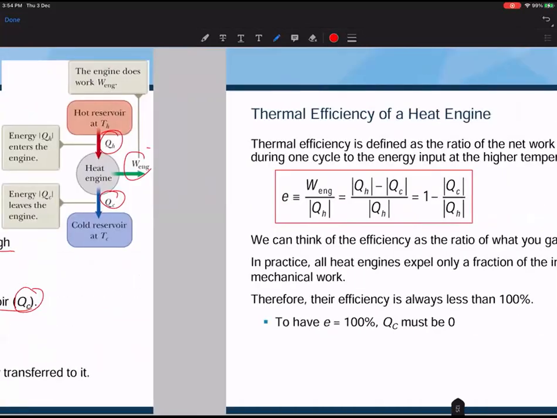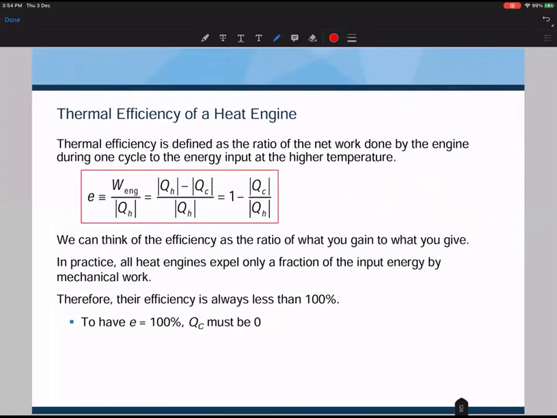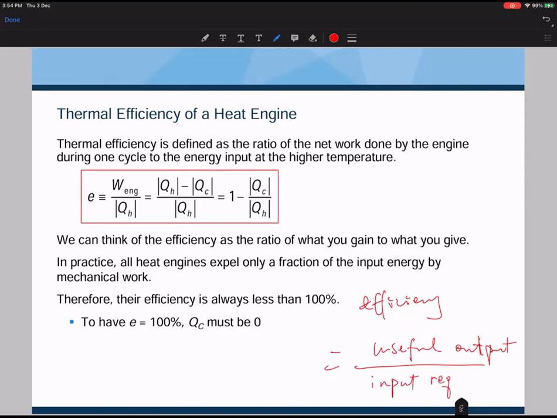So, efficiency of the heat engine. Remember, efficiency is always defined as, in words, useful output over the input required. What is the input in the process? It is QH. What is the useful output?